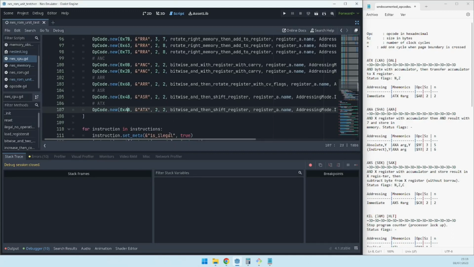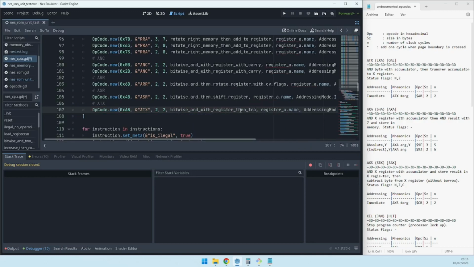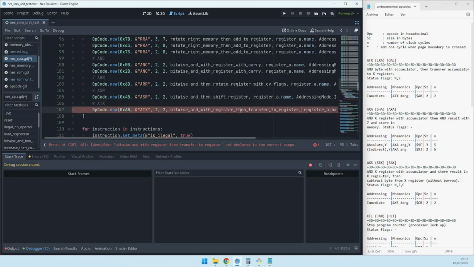2 bytes, 2 cycles, bitwise AND with register, then transfer to register. So this one is going to bind the 2 registers.